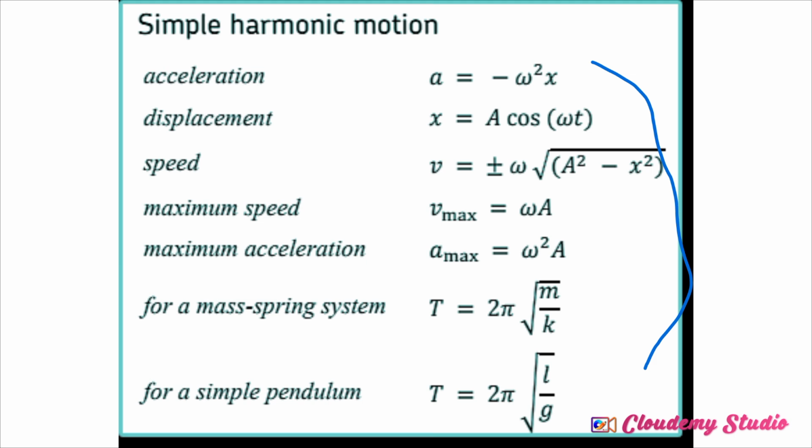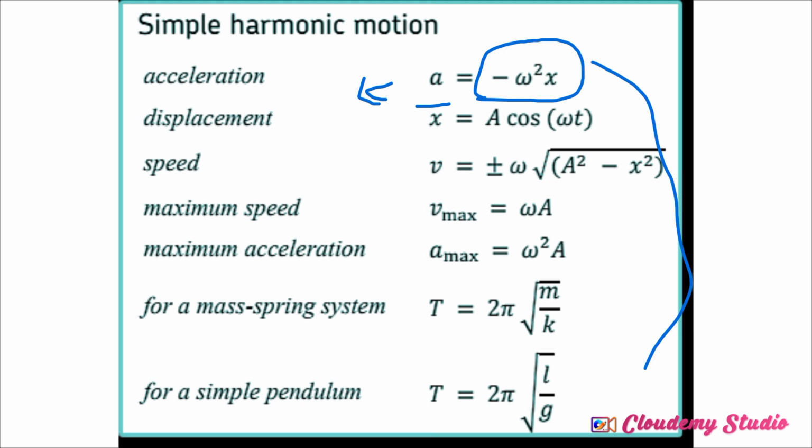They said acceleration is equal to minus omega squared x, and notice why it is negative: the acceleration is towards the center, which is opposite to the displacement.